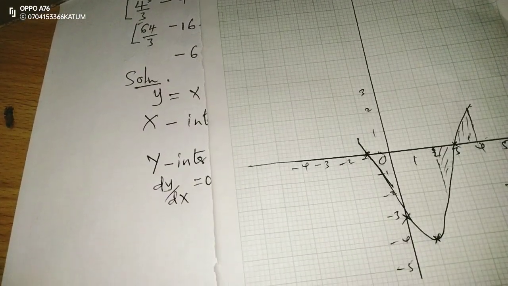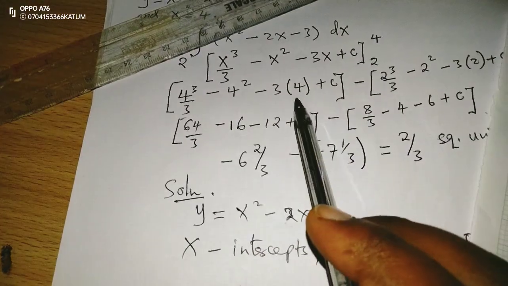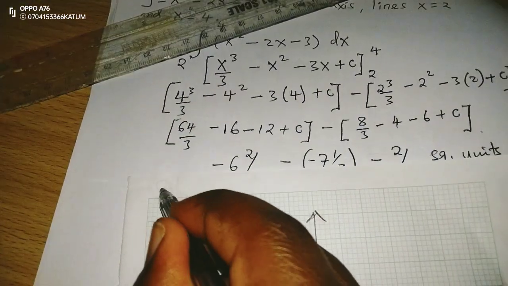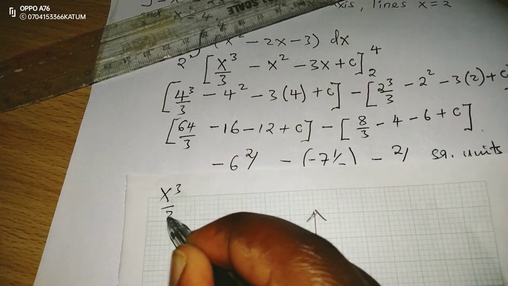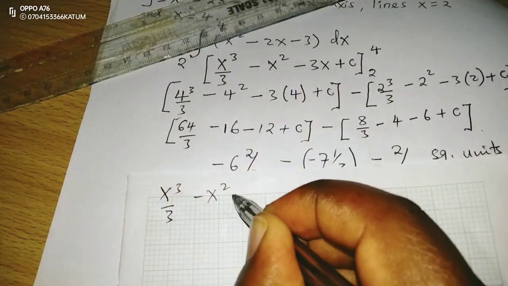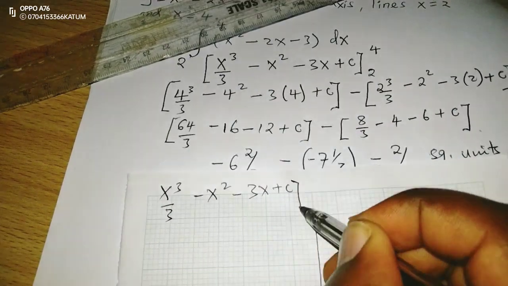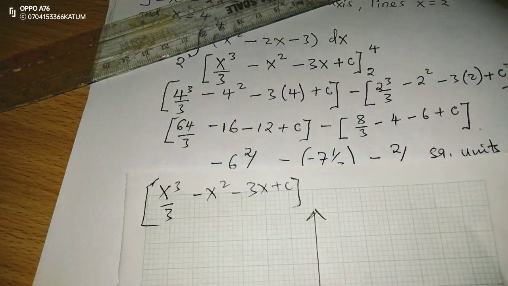Therefore, when we integrate the curve, remember we have the integrated function, which is already here: x to the power 3 over 3 minus x squared minus 3x plus c. This one is the integrated function.